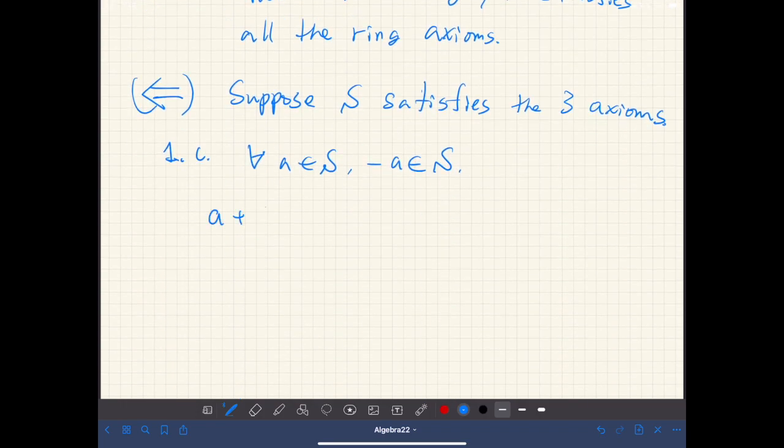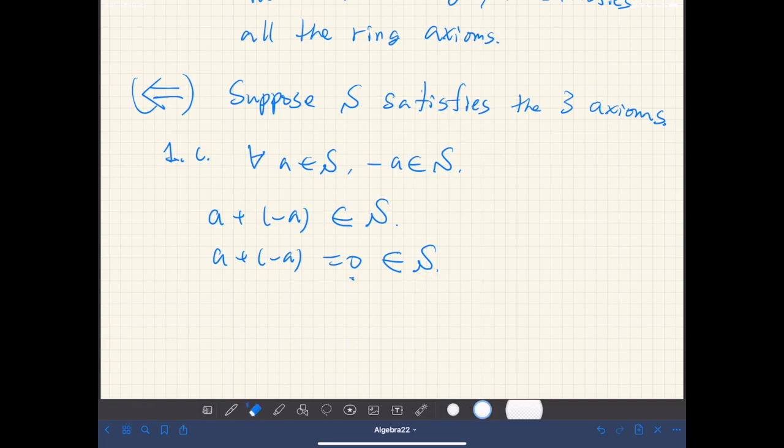So a plus negative a should be an element of S. But within R, a plus negative a is 0. So this element 0 must be an element of S. That proves the existence of the 0 element within S.